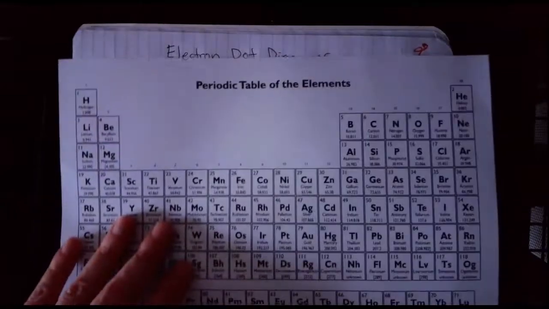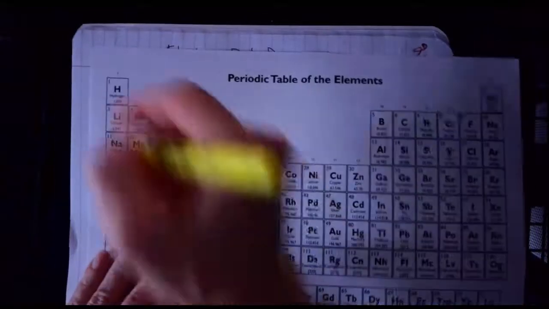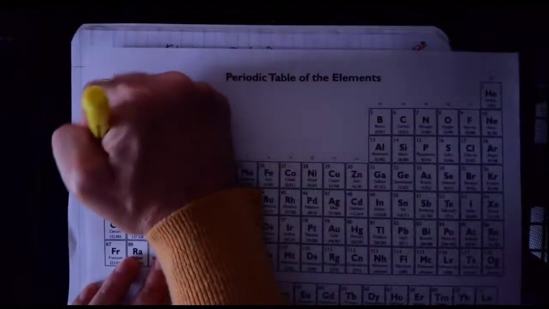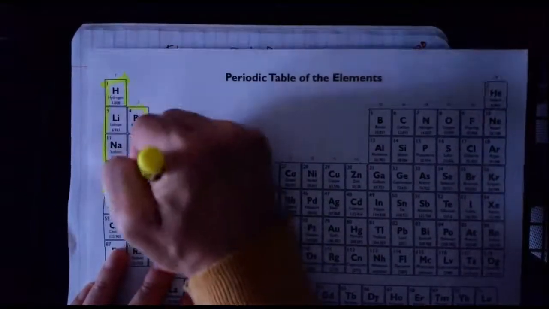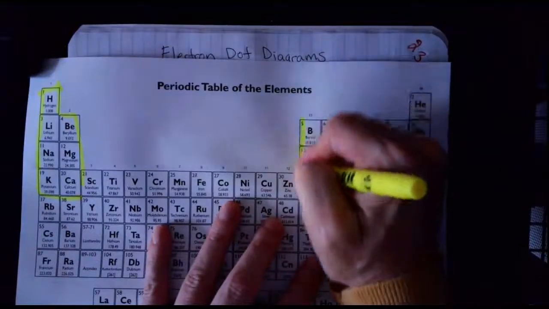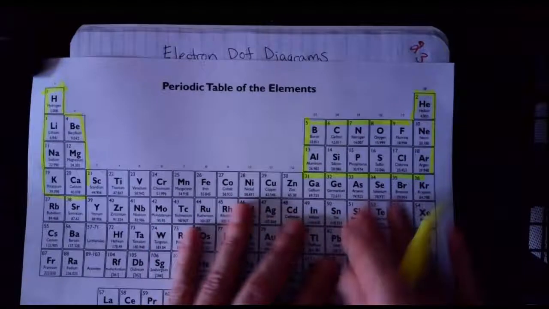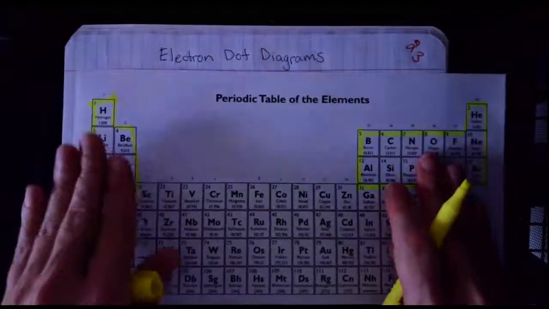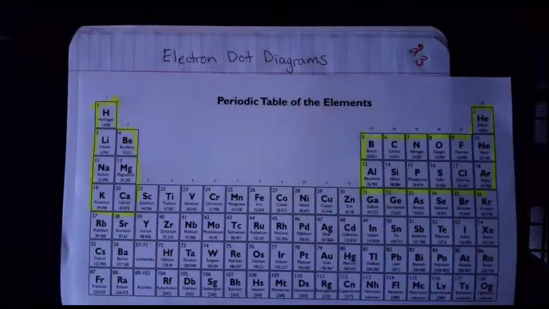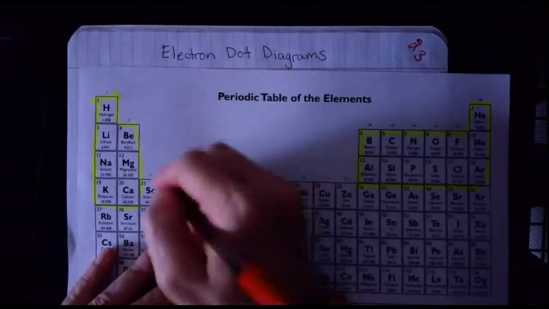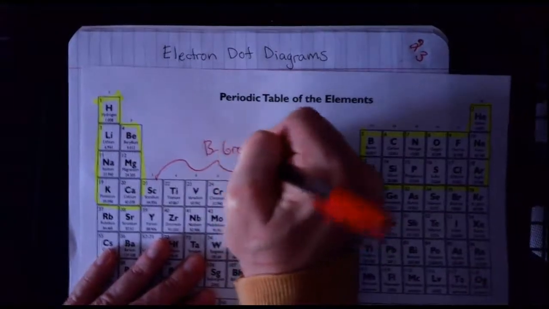All right, so basically we're going to be drawing just a portion of this, this section of the periodic table. Remember, when we do these columns and these columns, those are called the A group elements, and these ones in the middle here are called the B group elements.